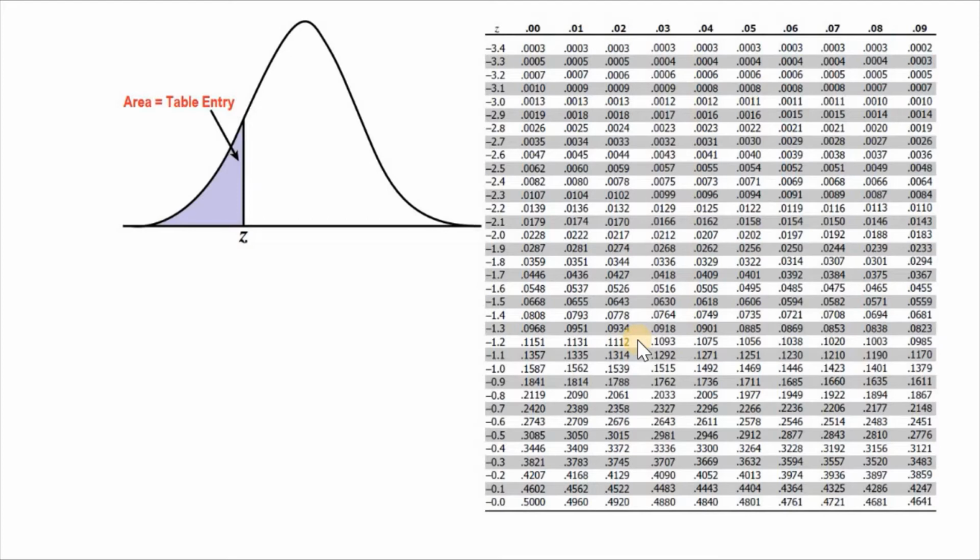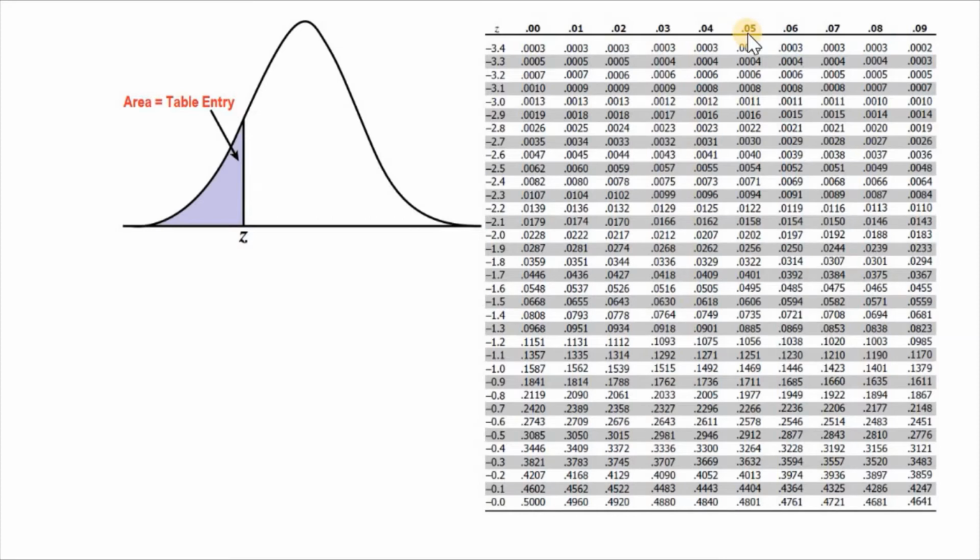So the closest numbers I can find here are 0.0505 and 0.0495. So the Z values for these are negative 1.64 and negative 1.65. We take the value between them, which is negative 1.645.